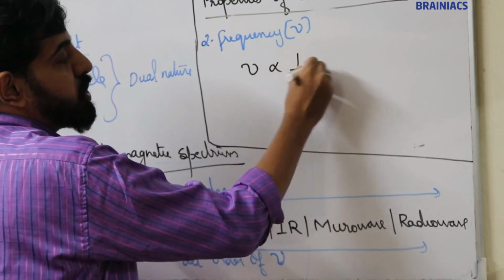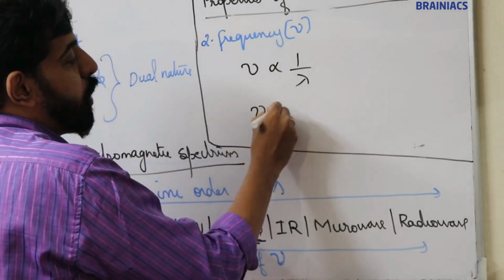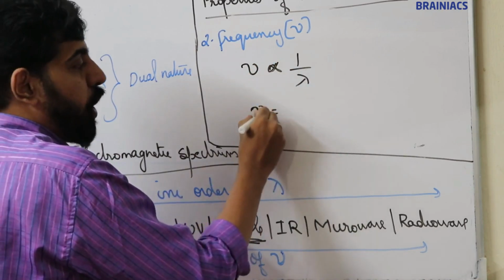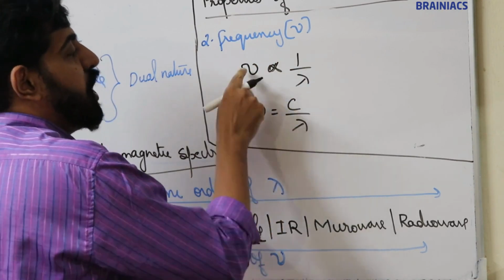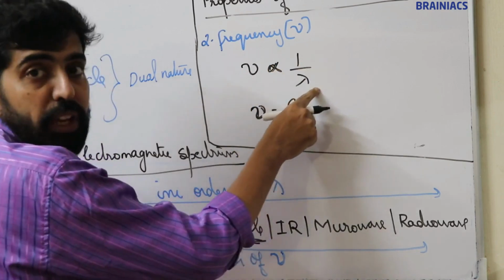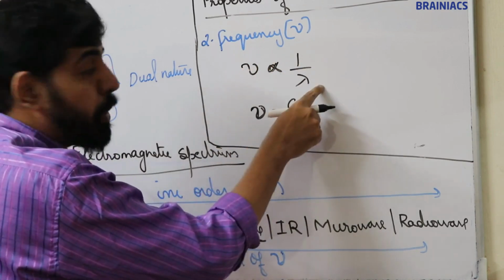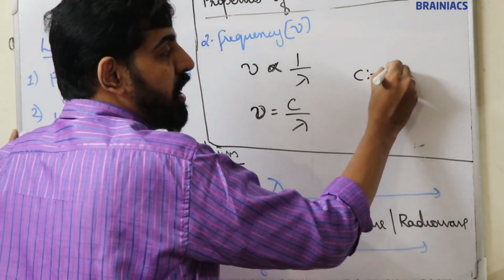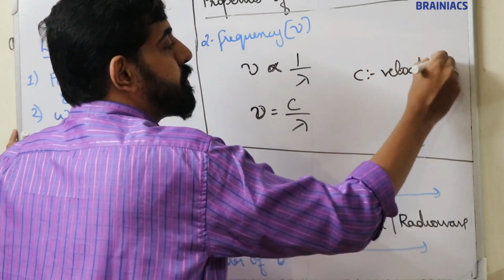Nu is inversely proportional to wavelength. Removing proportionality by multiplying with a constant c, nu is equal to c by lambda. c is the constant, velocity of light.